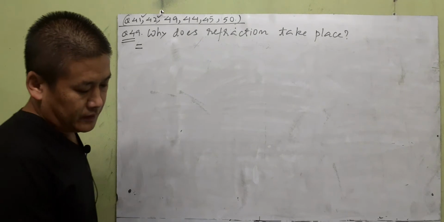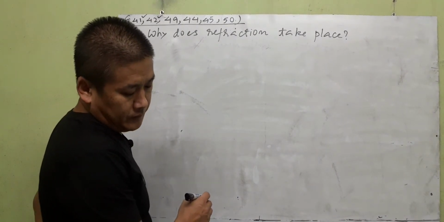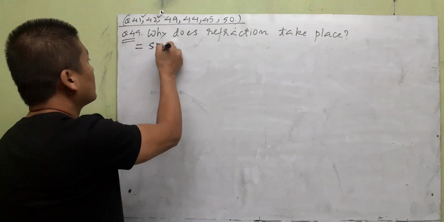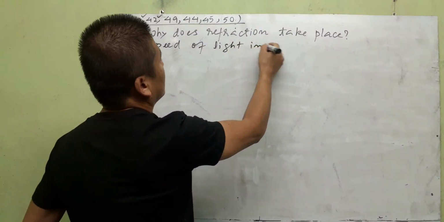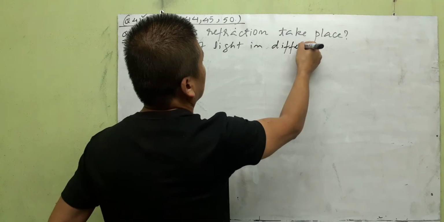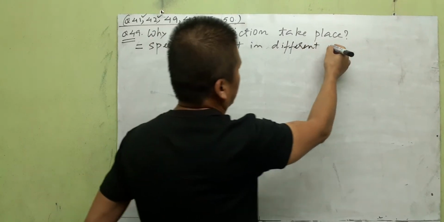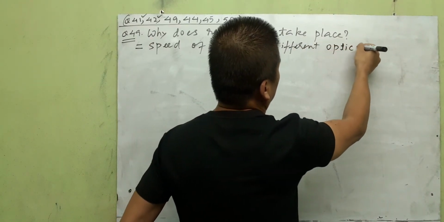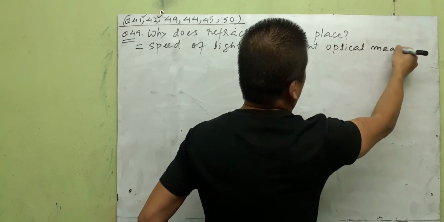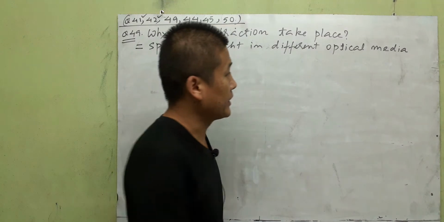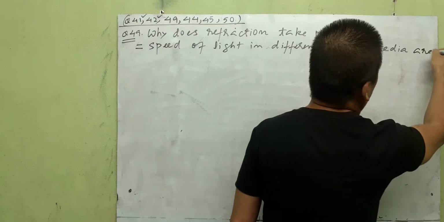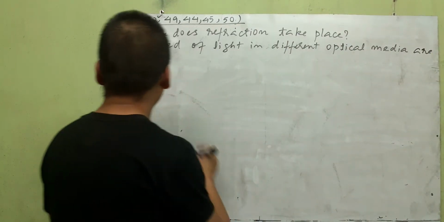Speed of light is different in different optical media. They are not the same, they are different.